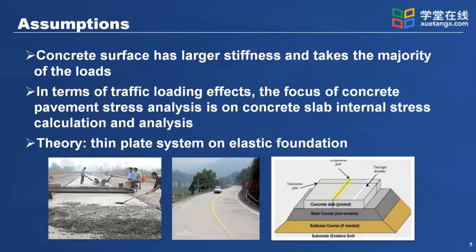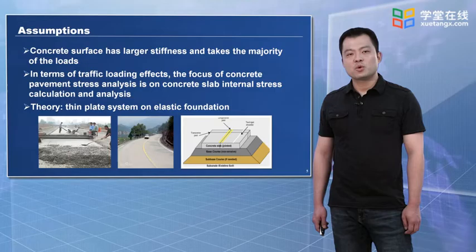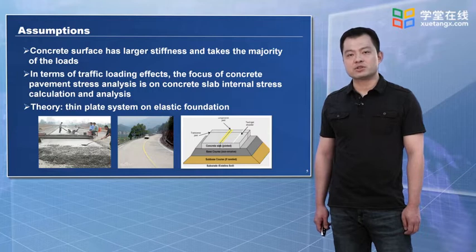In the real world, things are complicated, especially when we do stress and strain analysis. We have to make assumptions to simplify the condition. When we make assumptions, we need to consider the characteristics of concrete pavement itself.